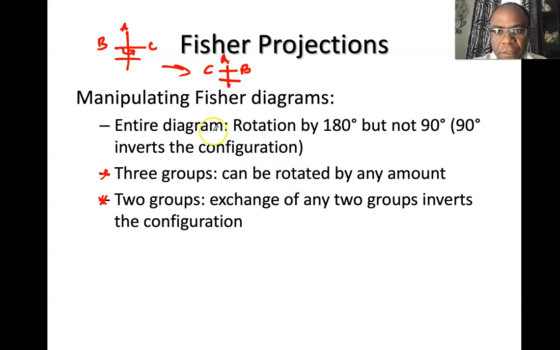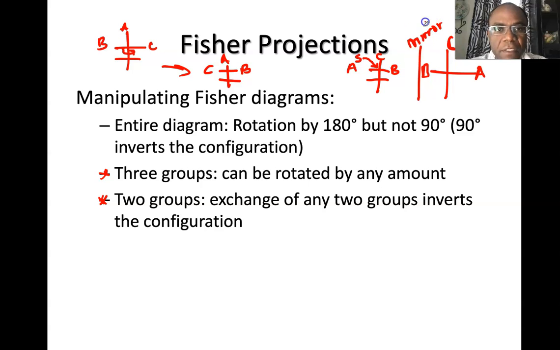Now if we rotate the entire diagram by 180, you're going to invert the configuration. So if you have an original image and then put it in front of a mirror, and this was S, and you put a plane of symmetry or a mirror, then the image will have an R configuration, for example.